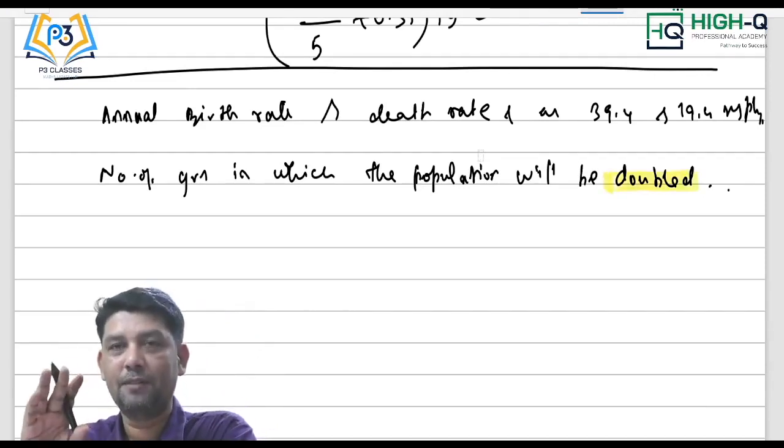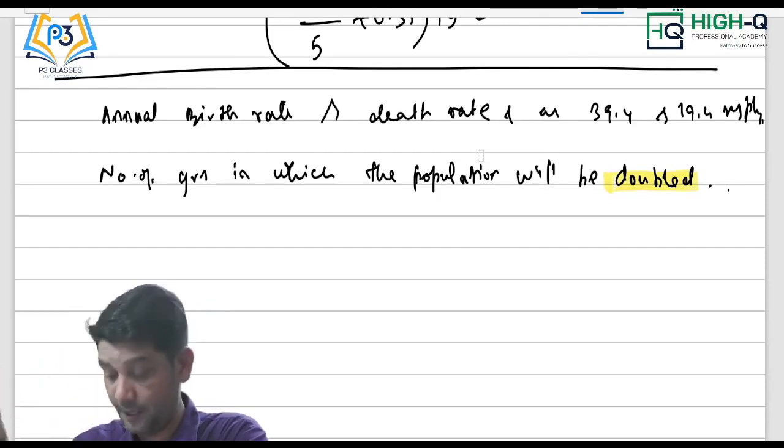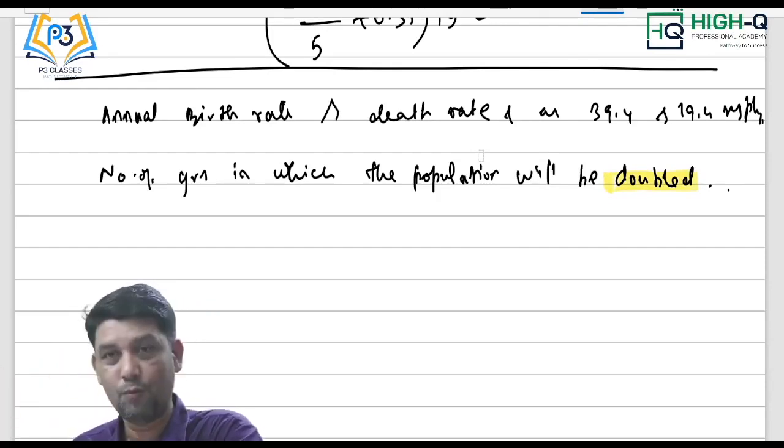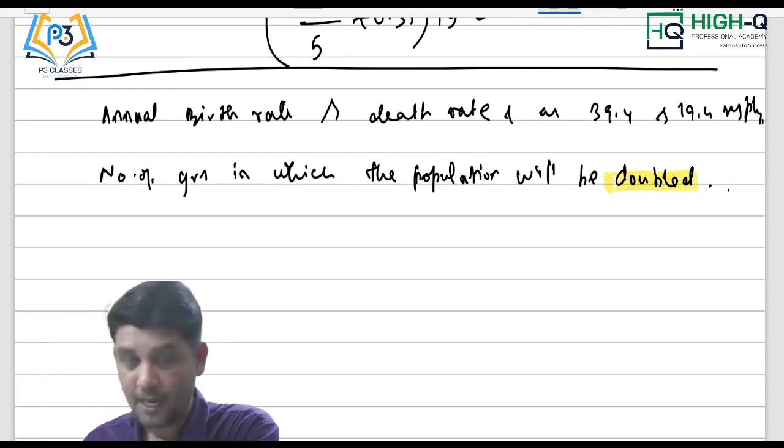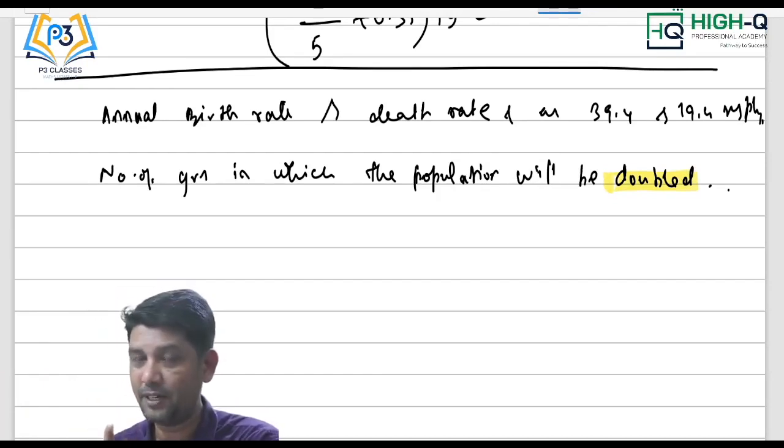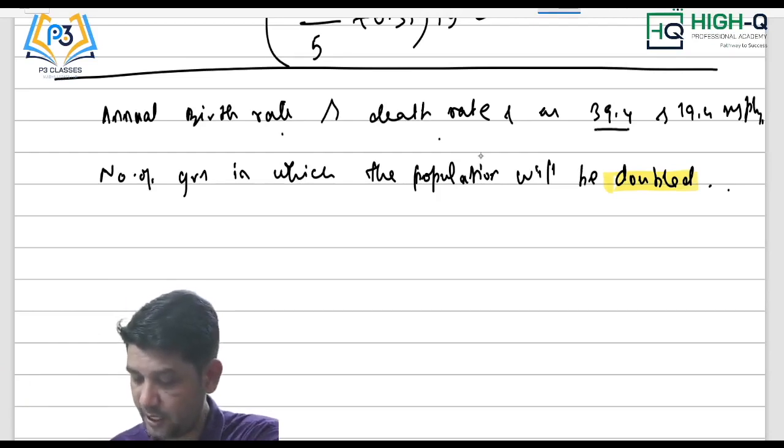I'm just telling you this openly: the way I'm approaching, I will do it in one line. Look at this. As I told you, in population type problems the type of increment is not given, so you have to assume it is compound interest only. The annual birth rate and death rate are 39.4 and 19.4. Birth rate is more than death rate, so the population is increasing.